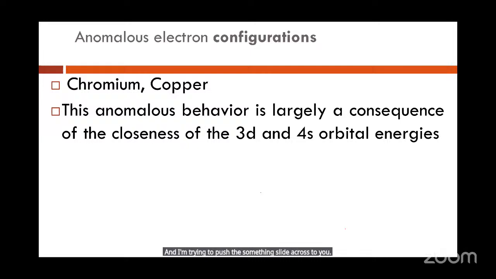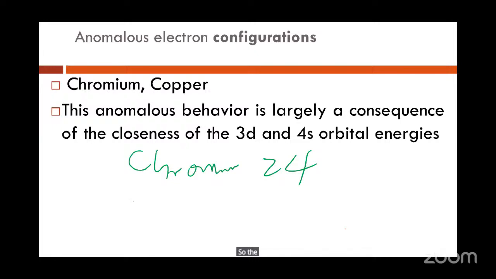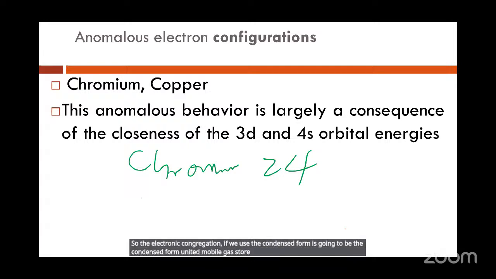Now, when we write electronic configuration, we have some anomalous electronic configuration. For instance, chromium. You know, in every case, there's always a Judas. Chromium is number 24. So the electronic configuration, if we use the condensed form, the nearest noble gas to chromium is argon.